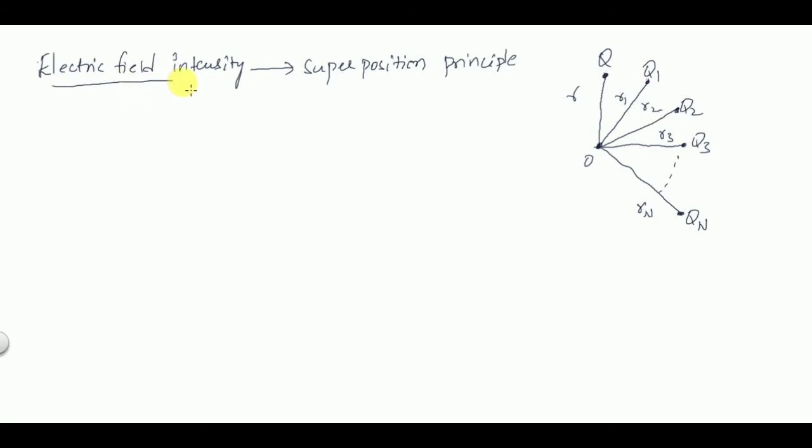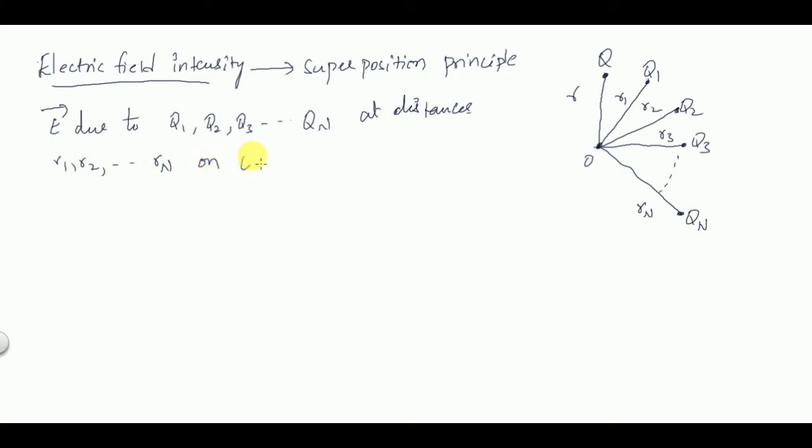Similarly here also, the electric field intensity due to q1, q2, q3 and so on up to qn at distances r1, r2 and so on up to rn on the charge q is given by E1 bar plus E2 bar plus E3 bar plus so on up to En bar.